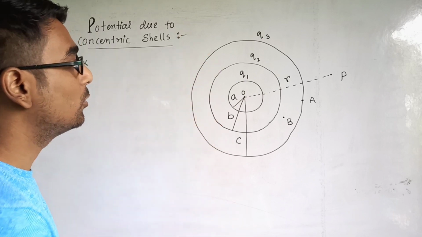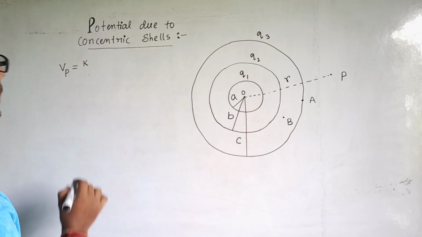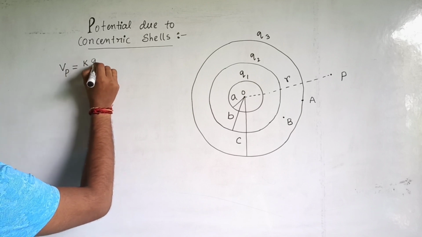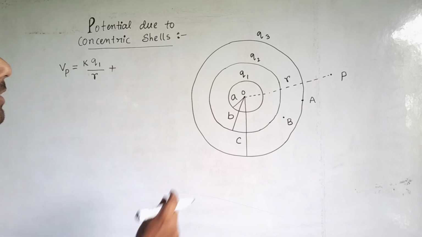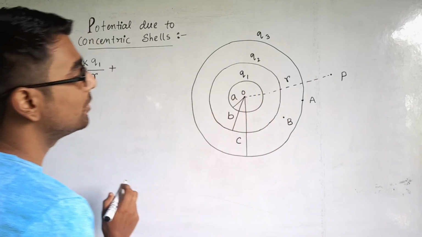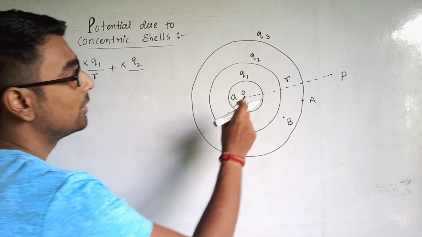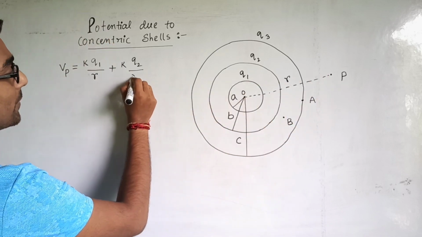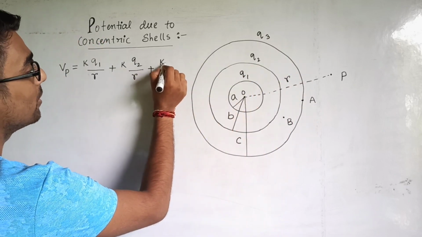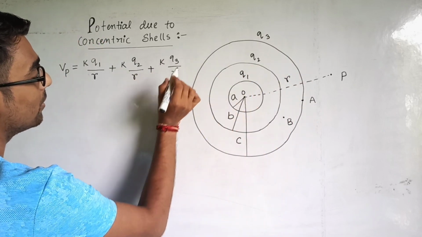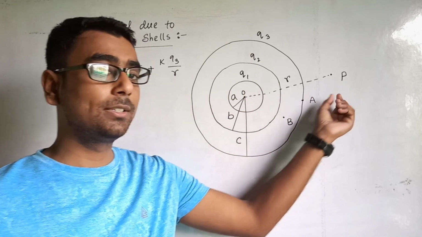We consider the circle of radii A, so the expression will be K Q1 by R, plus because of the second concentric shell it will be K Q2 by distance R, same. For the third shell it will be K Q3 by R. It is very easy for you if the point lies outside all the shells.